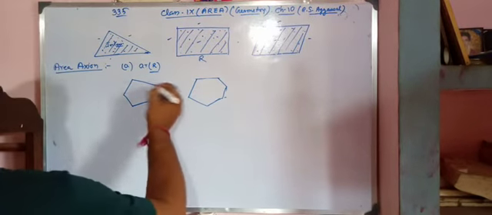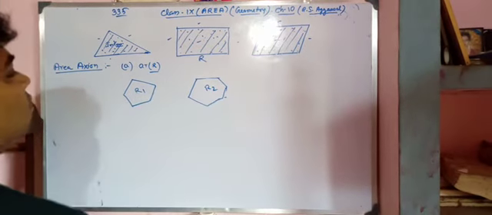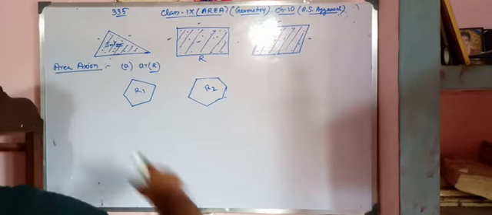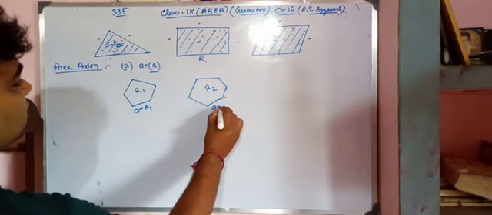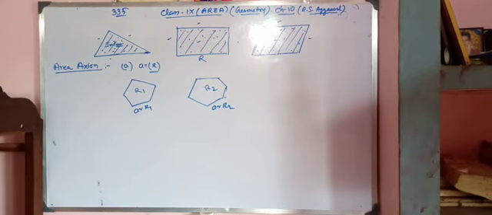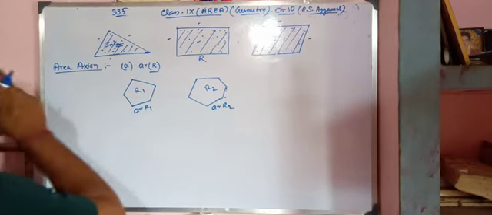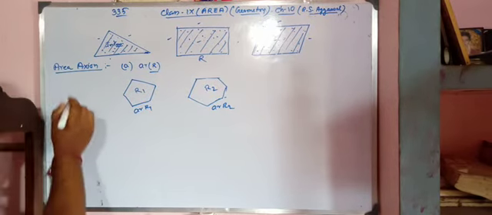If we take this region as R1 and this region as R2, the area of this region is denoted by A(R1) and the area of this one by A(R2). Okay, in the area axiom this should be possible. So this is A.